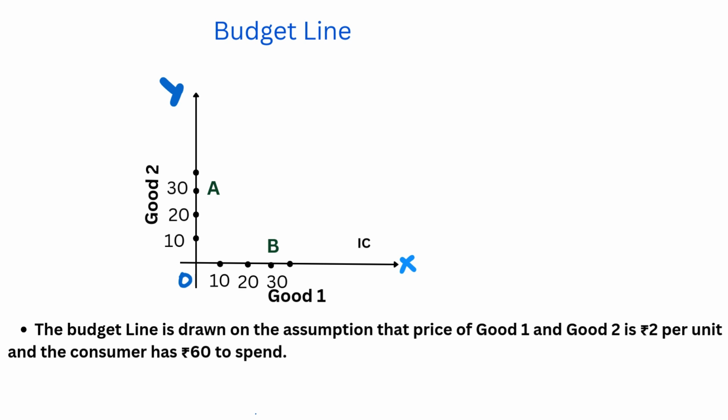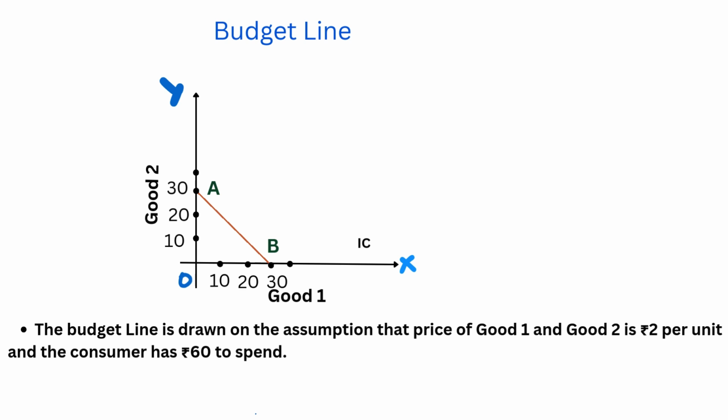Now moving forward, we will study budget line, which is also known as price line. So, budget line, as the name suggests, what is it? It is, in the simplest form, the graphical representation of the budget set of the consumer. So here we will draw a diagram explaining it. YOX, on the y-axis we will write good 2, and on the x-axis we will write good 1.